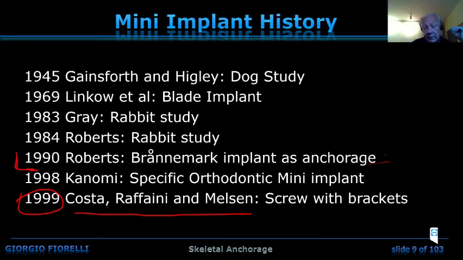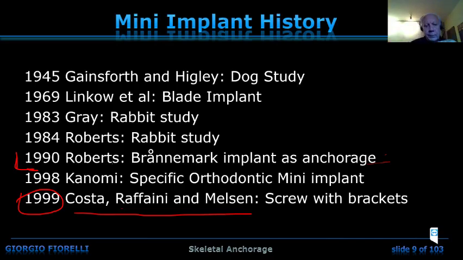I've been teaching biomechanics since 1990, and he was working with Raffaini. Raffaini is a very famous surgeon. Probably you know him because he is now participating very much in courses by the FACE group, together with Professor Cocconi, also from Italy.